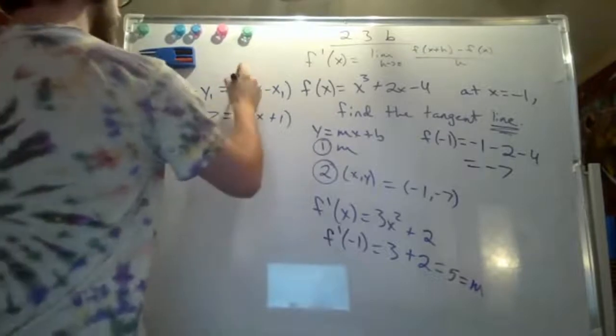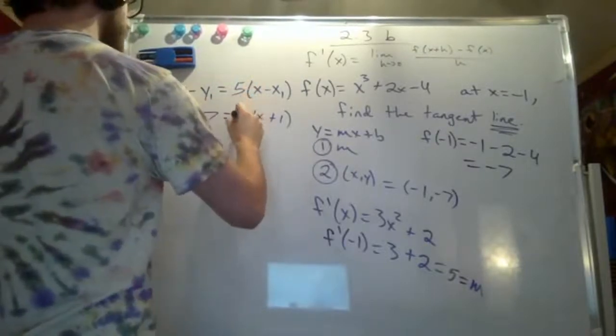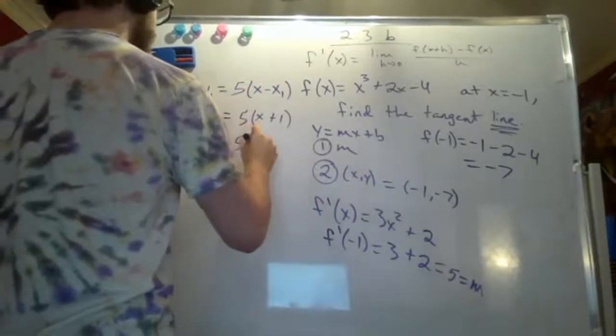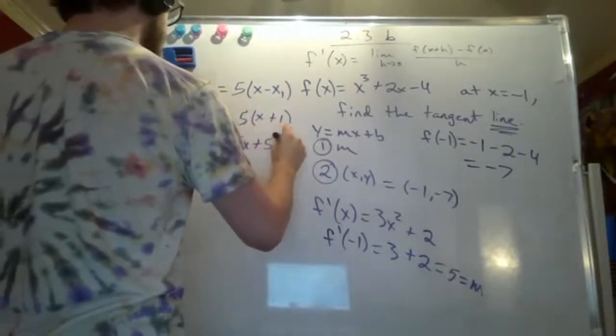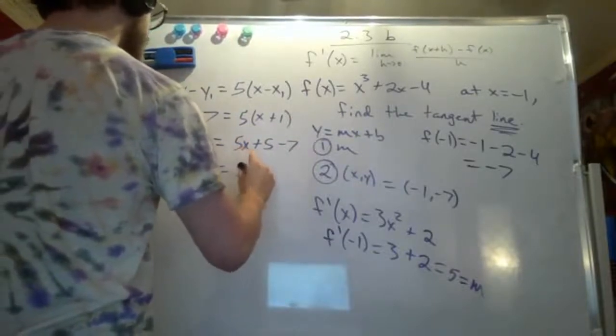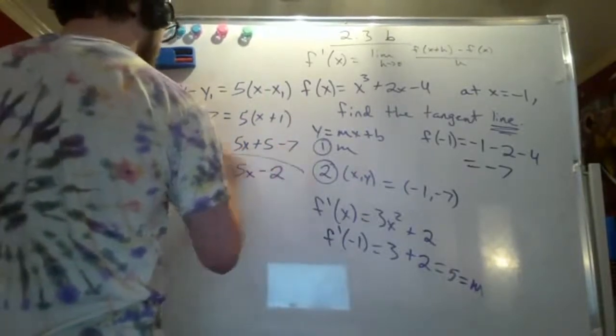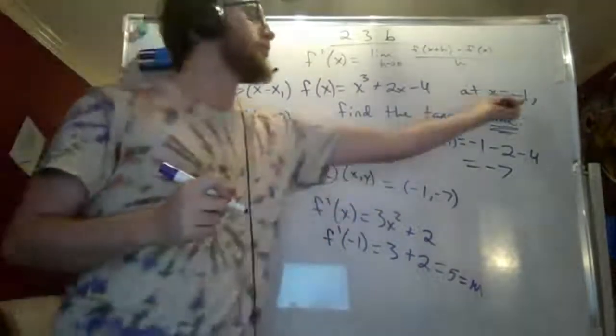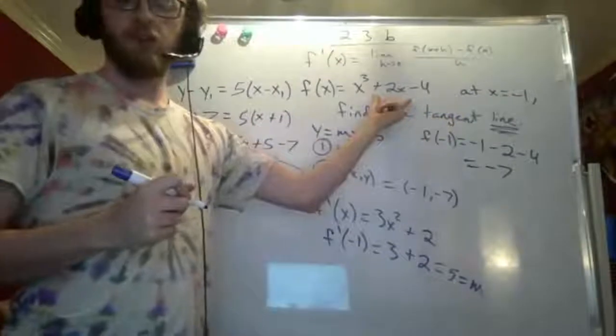Or in other words, when I distribute, 5x plus 5 minus 7, y is equal to 5x minus 2. And there you have it. There is the tangent line at x equals -1 on this curve.